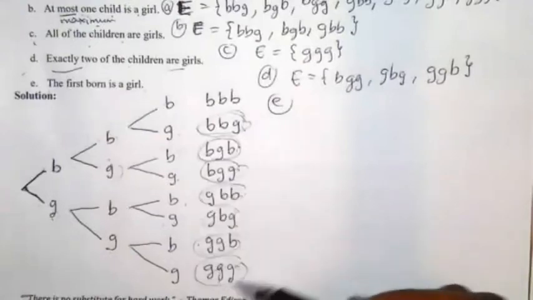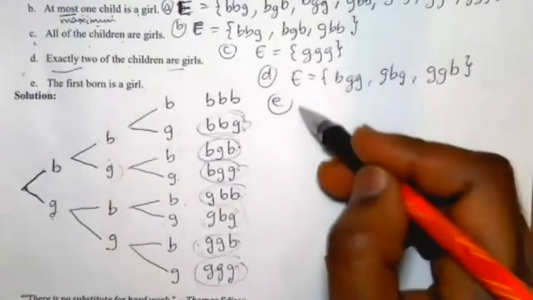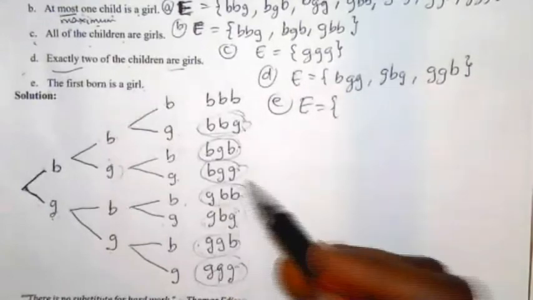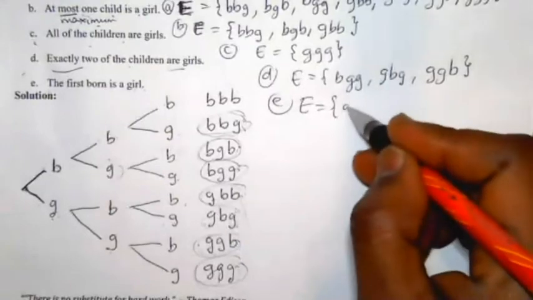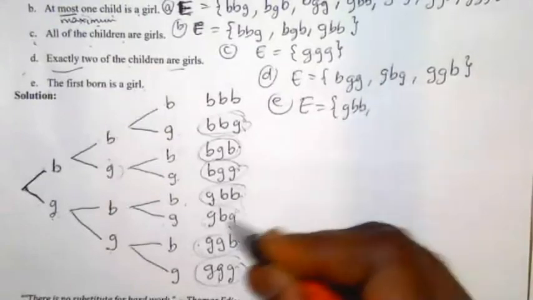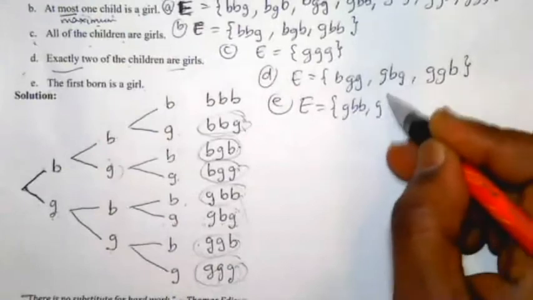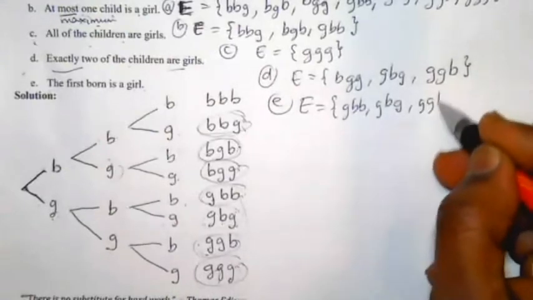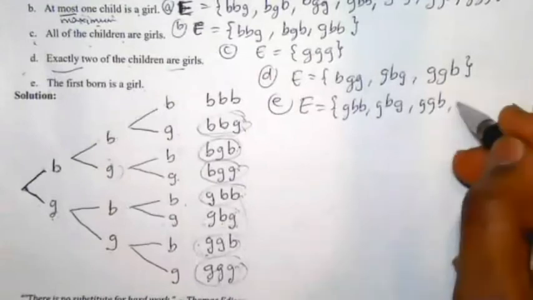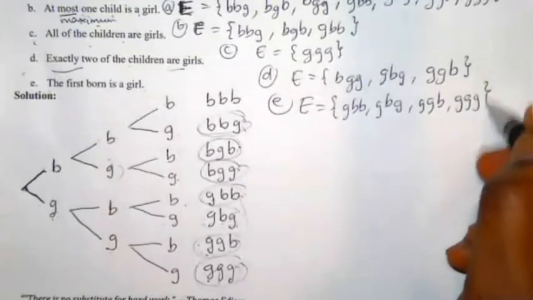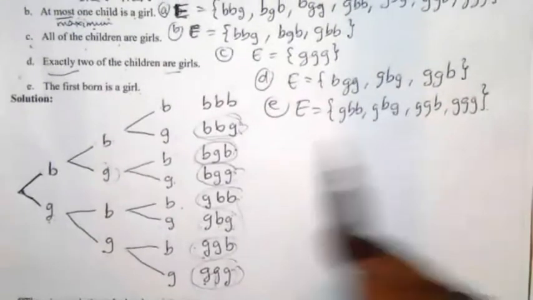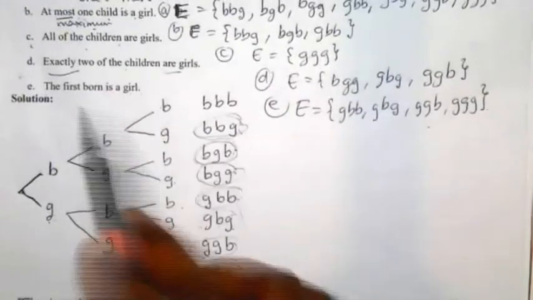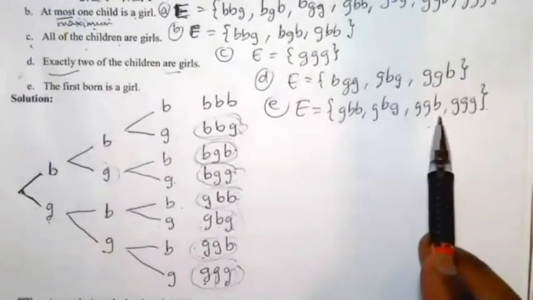So all these will be the event. The first is a girl, so that's G, B, B, then G, B, G, G, G, B, and G, G, G, right? So this will be the outcome for having the firstborn as a girl.